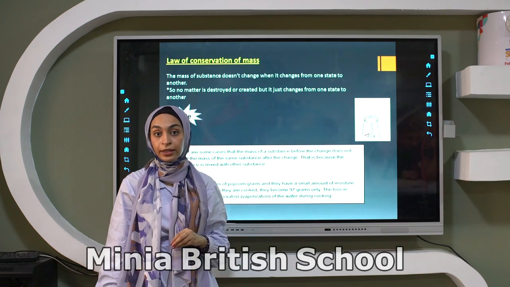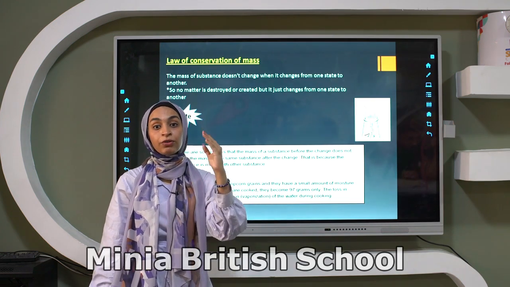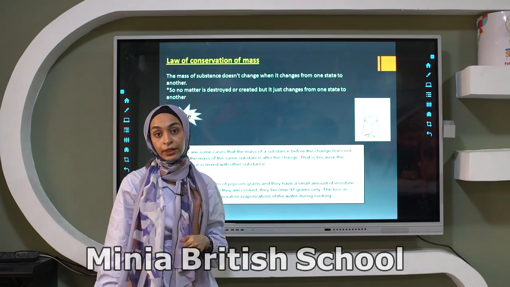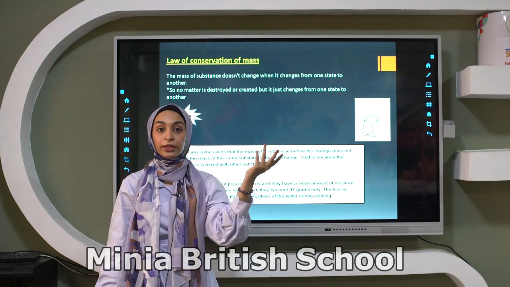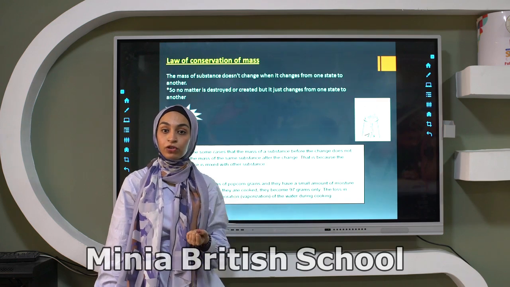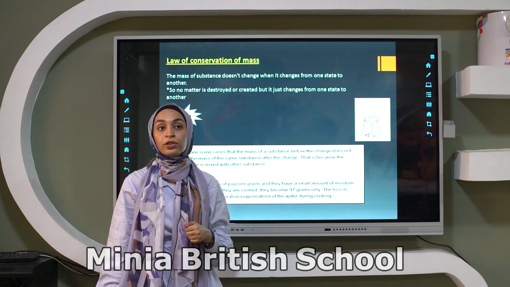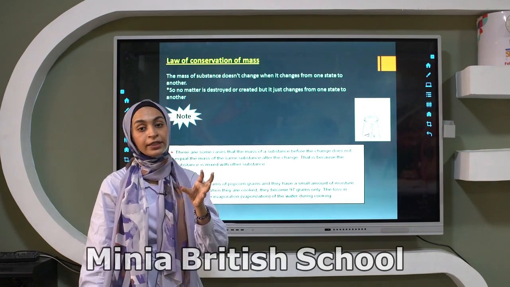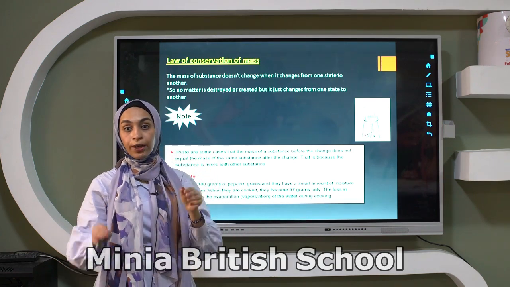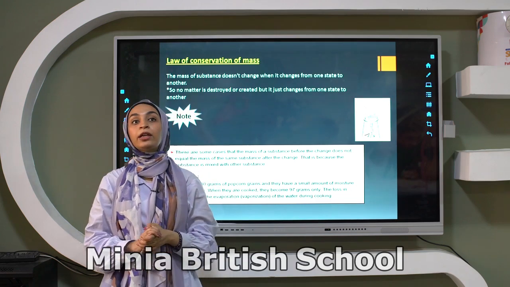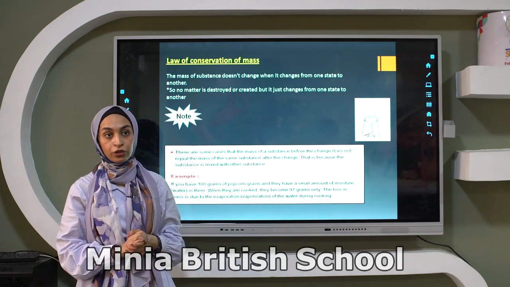After heating it, I found that its mass decreases to 97 grams because the water inside the popcorn is evaporated. So the mass here decreases due to the evaporation process. So in some cases the mass may change, but in general, the mass of the substance before a change equals its mass after the change.